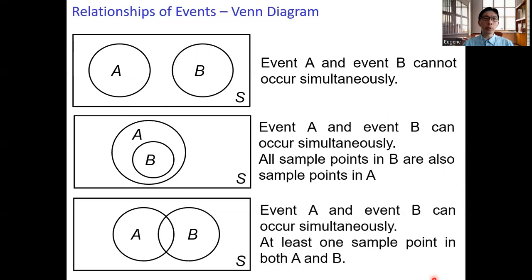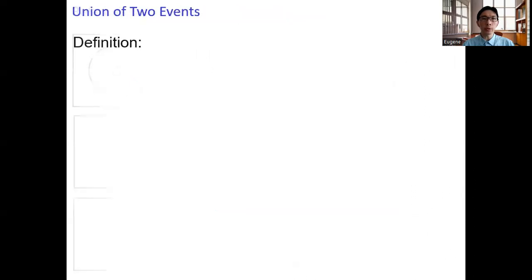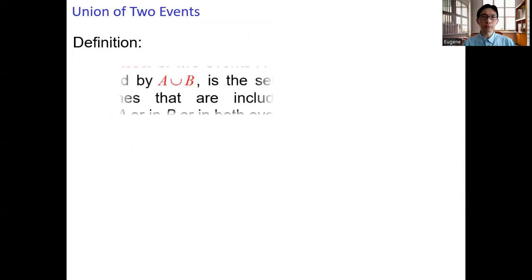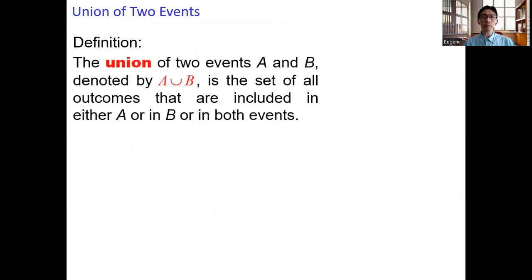Next, we will be going through some symbols corresponding to the relationship of two events. First, we will talk about the union of two events. Let's take a look at the definition.